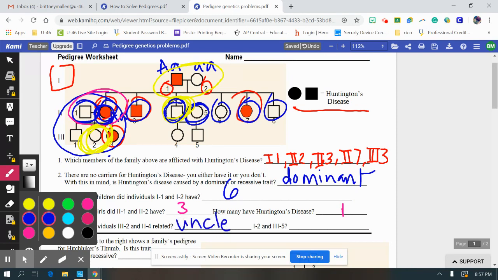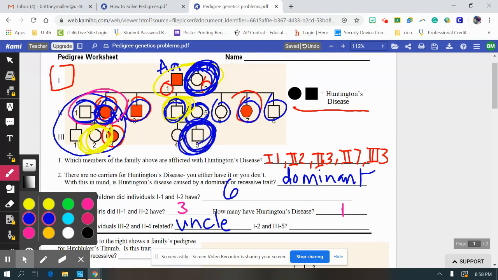Sometimes you might see a pedigree where there's some weird things going on and you have some ancestral family stuff going on. That does happen in pedigrees, so just be aware that you might see that sometimes. And the last one is individual 1, 2, and 3, 5.